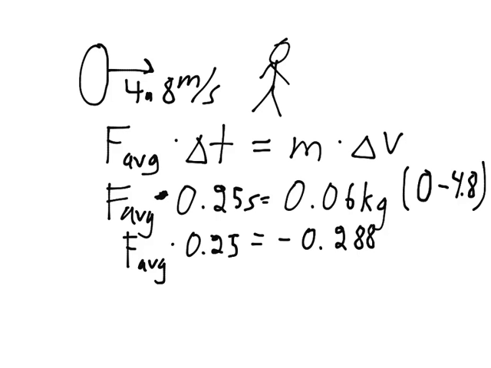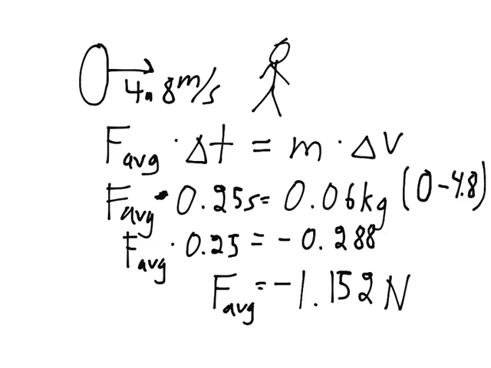So we can divide both sides by 0.25, and we'll find that the average force is going to be negative 1.152, and our units for force are newtons.